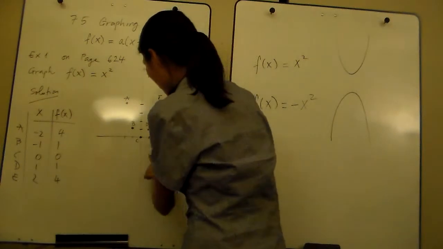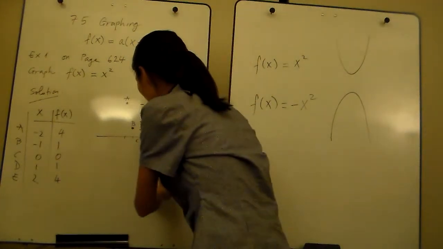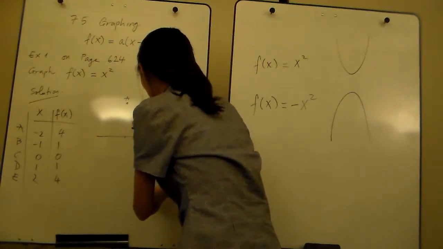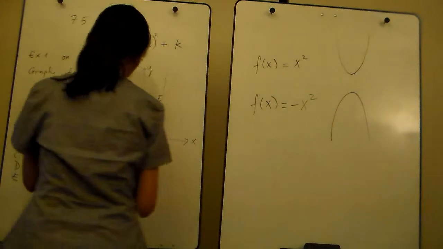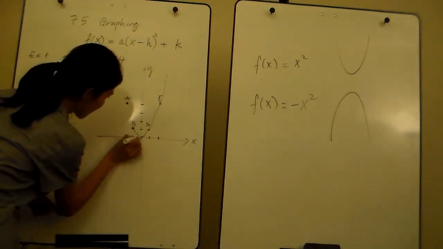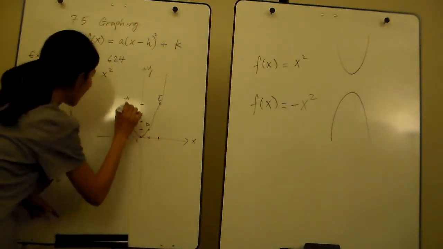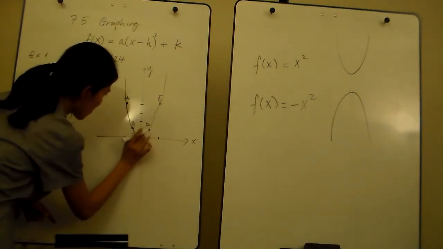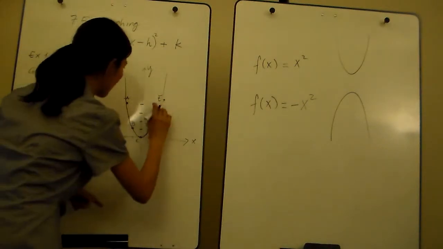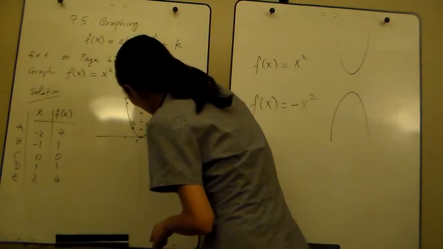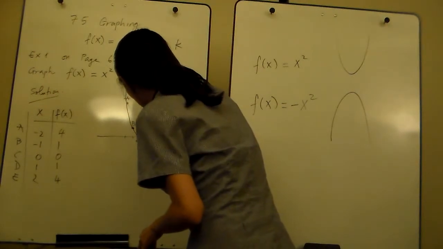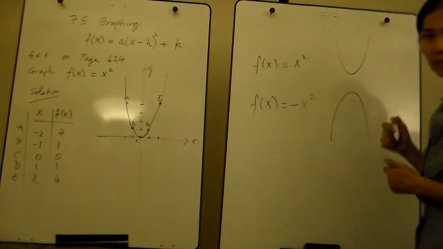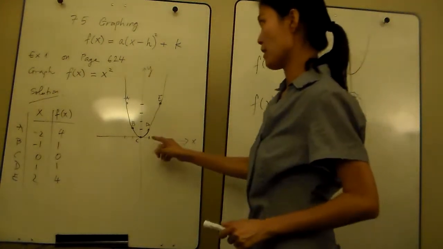So connecting all these points, you see the pattern, right? Connecting all these 5 points, I have the graph of the parabola. As you see, it opens up. So this is the graph of f of x equal to x squared.